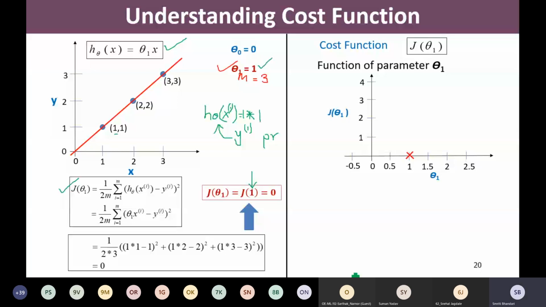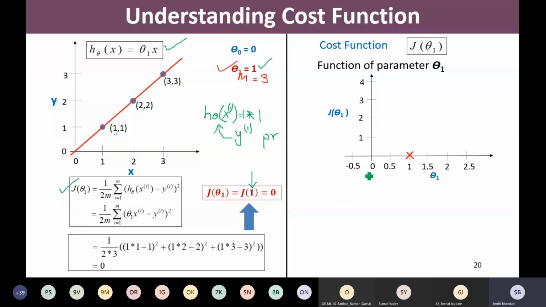So what have we simply done? We have selected some value of theta 1 and computed J of theta 1 for the given data set. Next we have plotted the cost function against the selected value of the parameter theta 1.